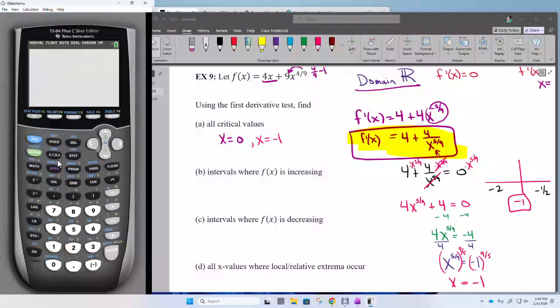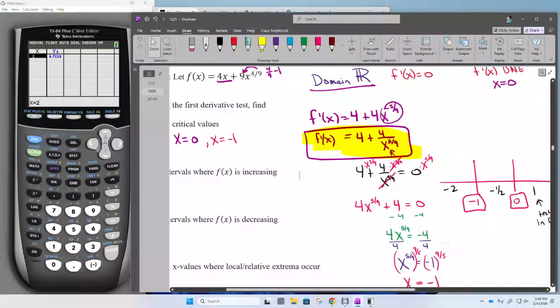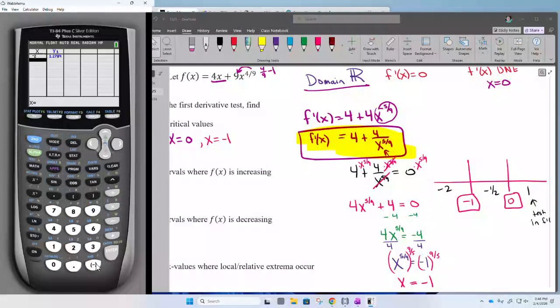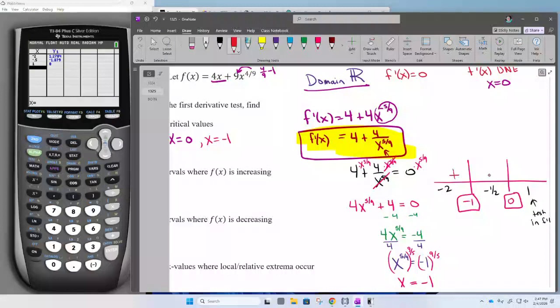Delete, and I'll type in my test values of -2, -0.5, and 1. So I get a positive, a negative, and a positive. So that tells me that it was increasing, decreasing, increasing.